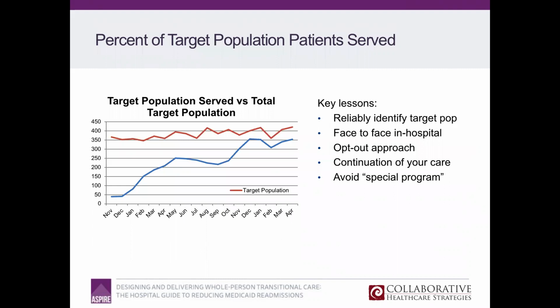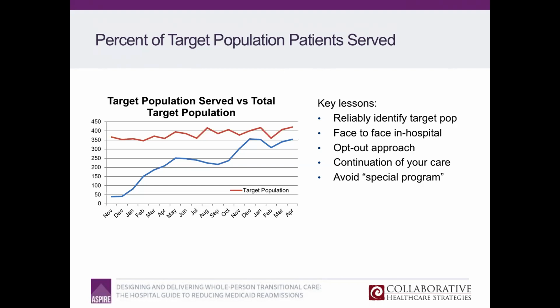We plateaued there in the middle, as you can see, and we had to innovate our way out of that plateau, and we ultimately closed the gap. There are many things that go behind the success story, but bottom line, I want you to have the power of this type of data, because it's only when you close the gap between the target population that you want to serve and the target population that you're actually serving that you can possibly get readmission rate reduction.